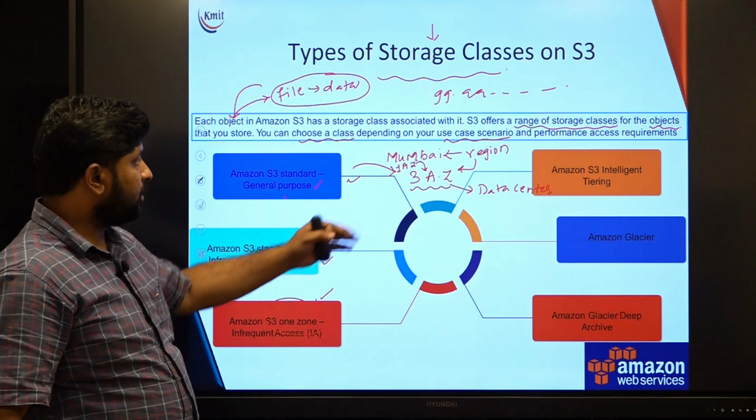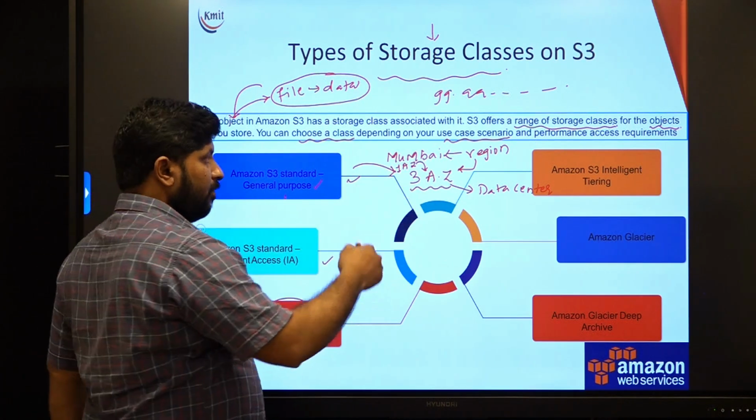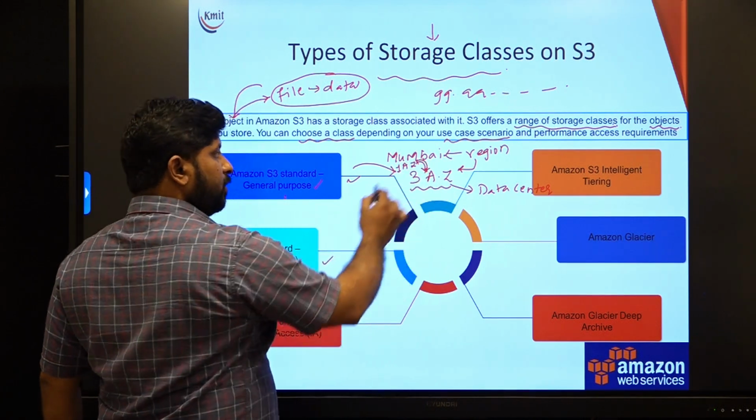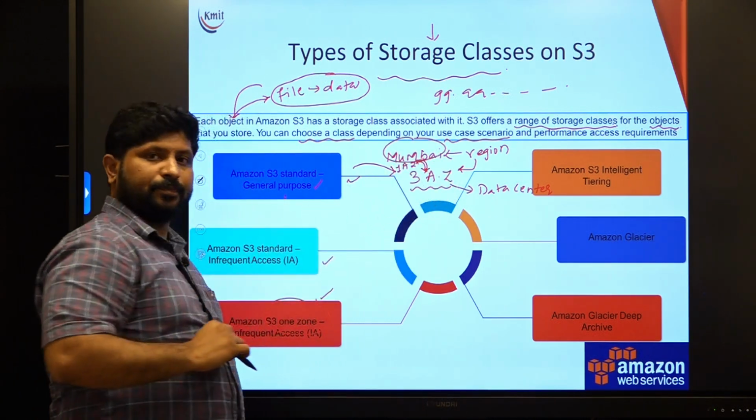To achieve this, Amazon in the backend, without our knowing, replicates the data into 3 availability zones of a particular region.